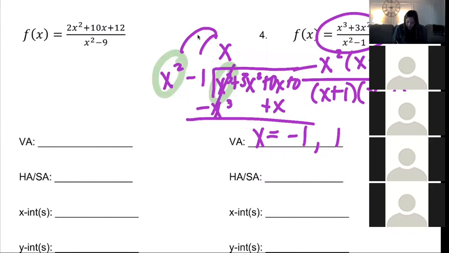And then I bring down 3x squared plus x plus 0. Then I look at this 3x squared. So to get from x squared to 3x squared, it would be plus 3. And then I can stop because I don't need remainders or anything like that. So not doing the full long division, just usually doing the 2 steps. So my slant asymptote would be y equals x plus 3.